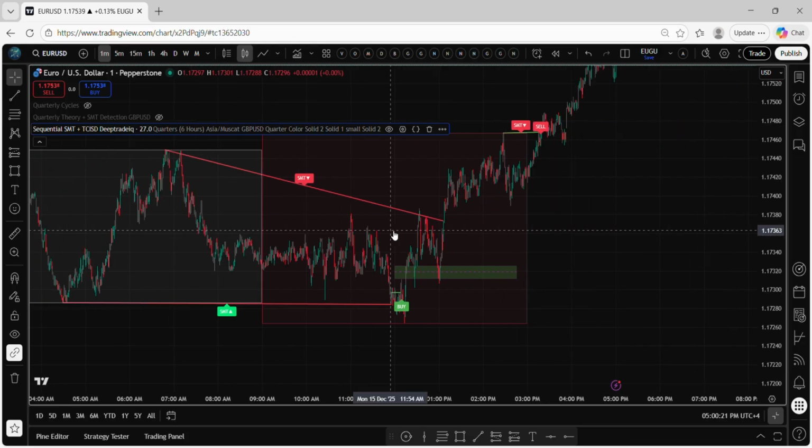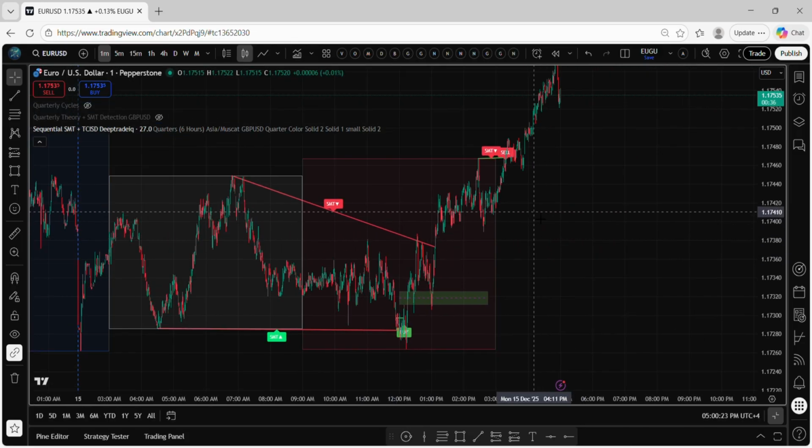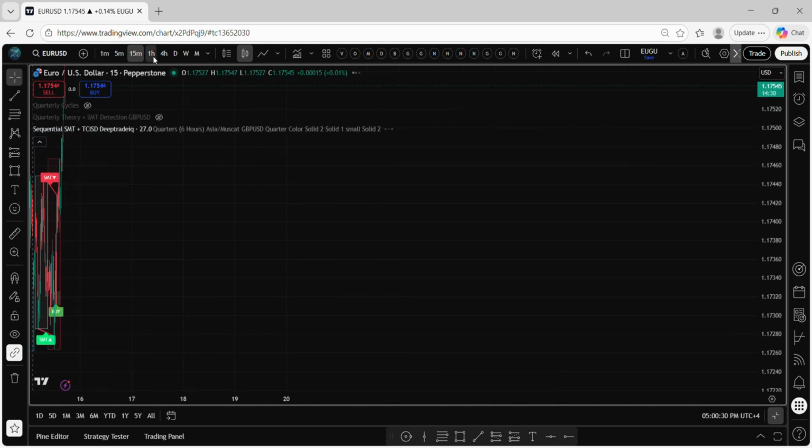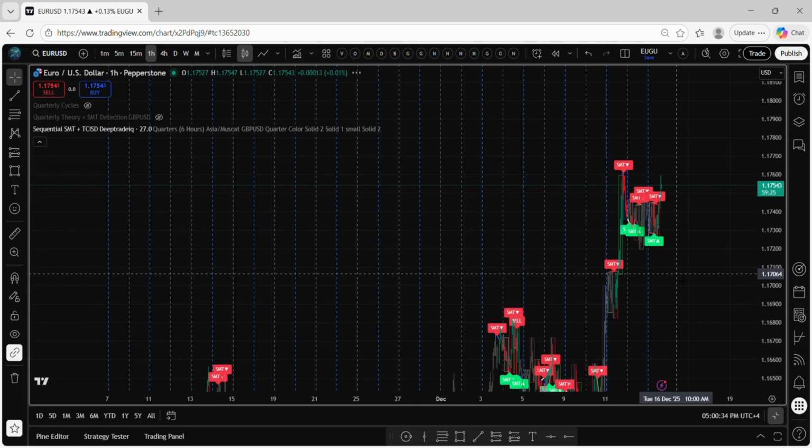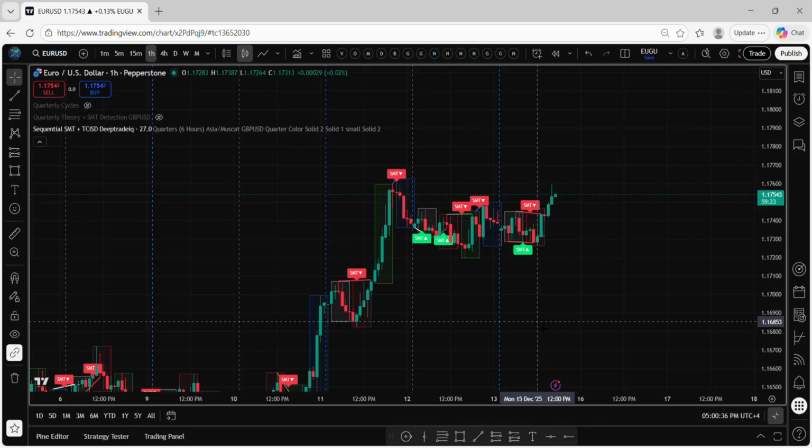About entry, I think I have already made it clear, but another one or two things I want to clarify. This is working on M1, M15, H1, any time frame it will work, but you need to understand which SMT or which quarterly theory we are applying here and for which time frame we need to enter.